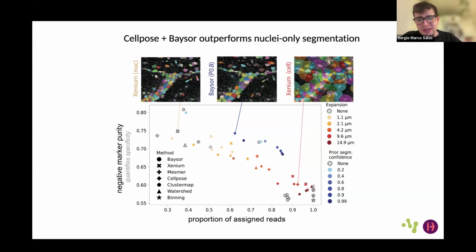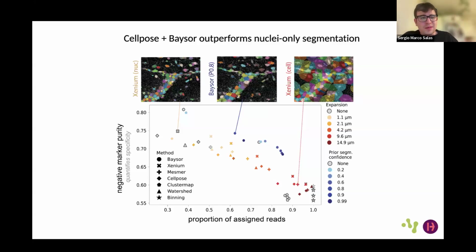And these are the points that you see here in blue, with different prior segmentation confidences, because this algorithm can partially rely on prior segmentation based on nuclei. One thing that's very obvious is that all these blue spots are above the diagonal that we have for all the nuclei-based methods. This matches quite well with what I showed previously about the different optimal segmentation for different cell types.